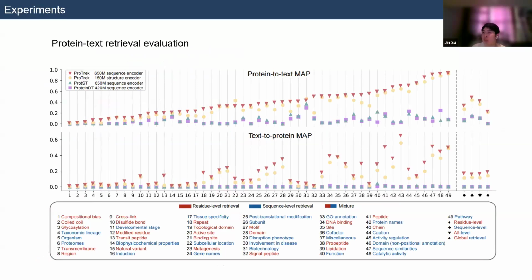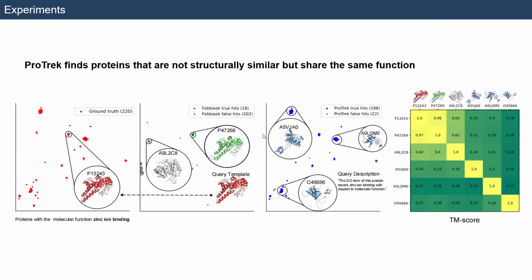Yes. So when you're comparing, you have a ground truth dataset, and you have picked all the proteins which have this function.